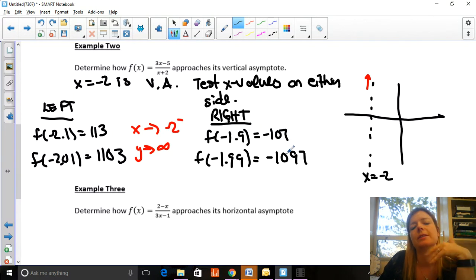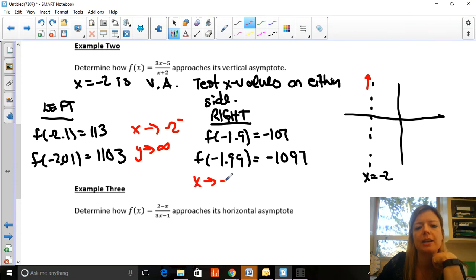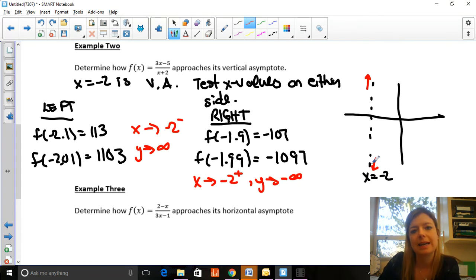Again, it's that whole concept of wanting to show that it's approaching the asymptote, so that's why you do more than one calculation. So here you can see as x is approaching -2 from the positive direction, y is approaching -infinity. So it would be something like that. Okay, and that's how you can test how a function is approaching its vertical asymptotes.